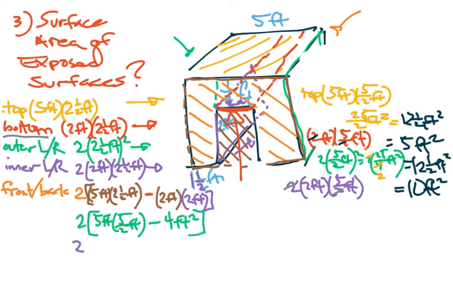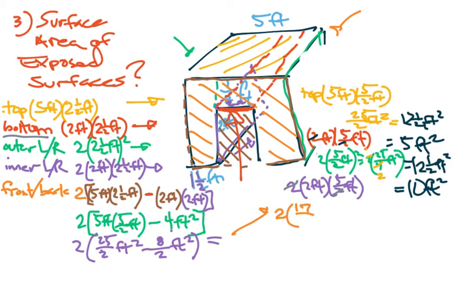And then just do a little bit more work here. So that would be 25/2 feet squared minus, and what I'm doing right now is with that 4, I'm going to turn it into 8/2. So 8/2 feet squared. Then I'm going to bring it up here now. So that'll be 25/2 feet squared minus 8/2 feet squared would be 17/2 feet squared.